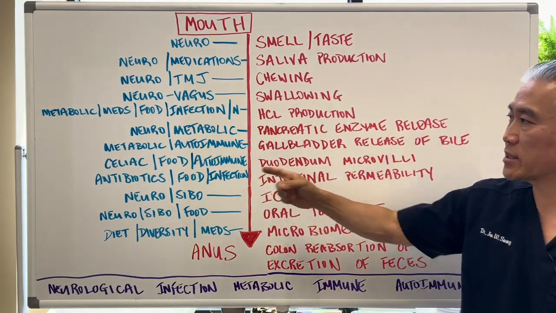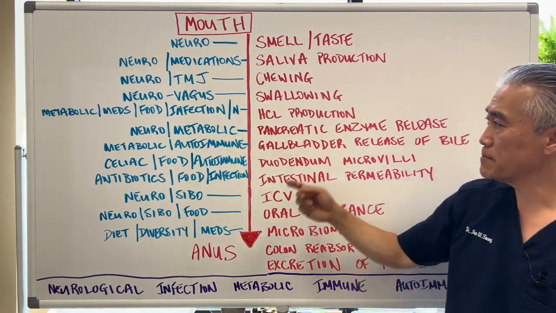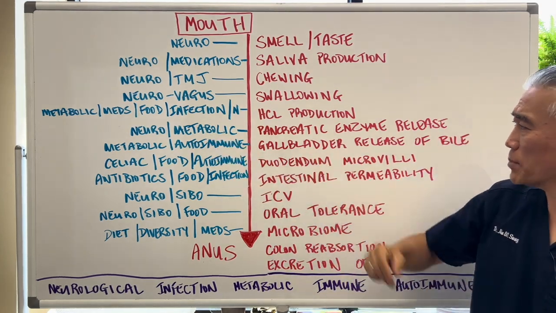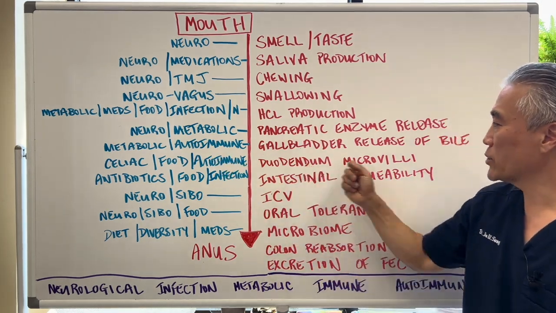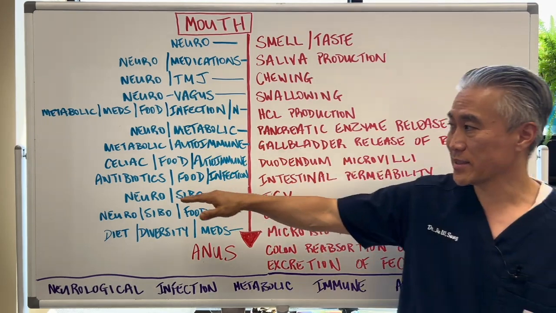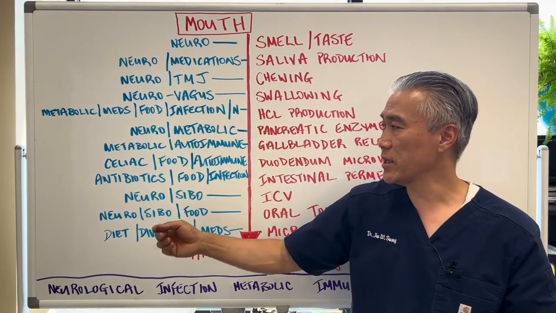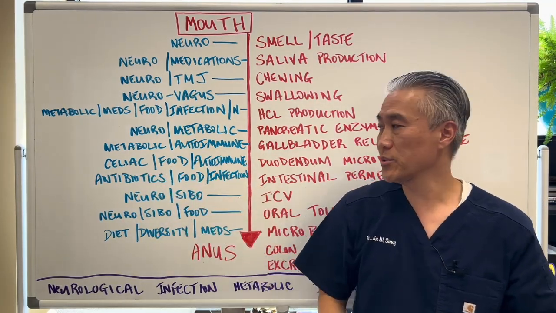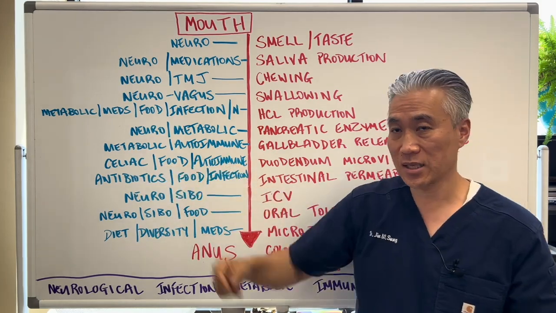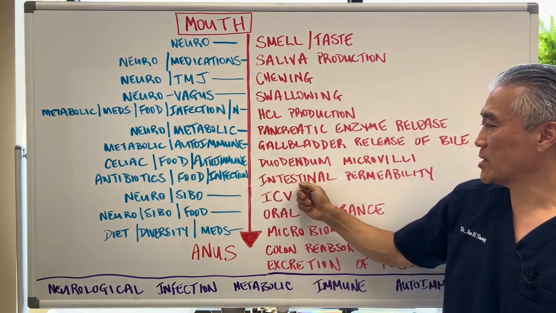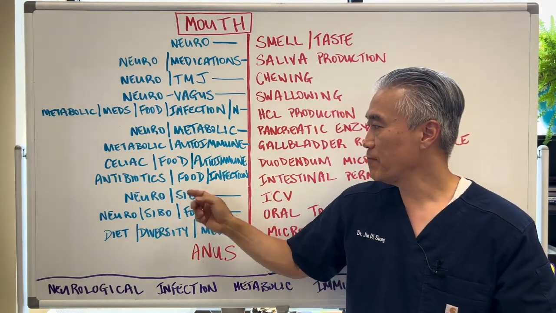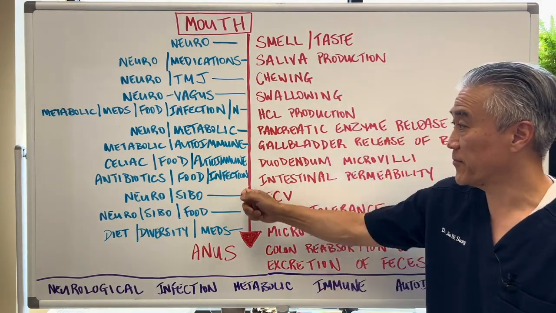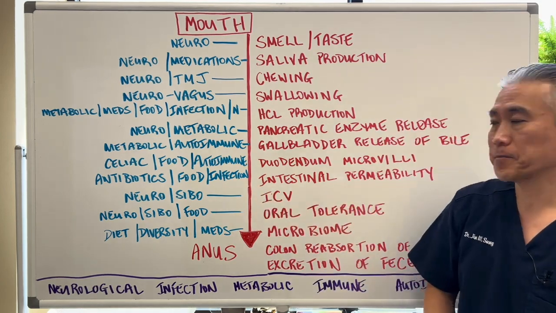Pancreatic enzyme release can be neurologic or metabolic, or gallbladder release of bile is also metabolic or autoimmune. Duodenal microvilli blunting: celiac disease, gluten sensitivity, inflammatory foods, autoimmunity, which is really celiac. Intestinal permeability can be related to overuse of antibiotics, inflammatory foods. Infection can also do that.